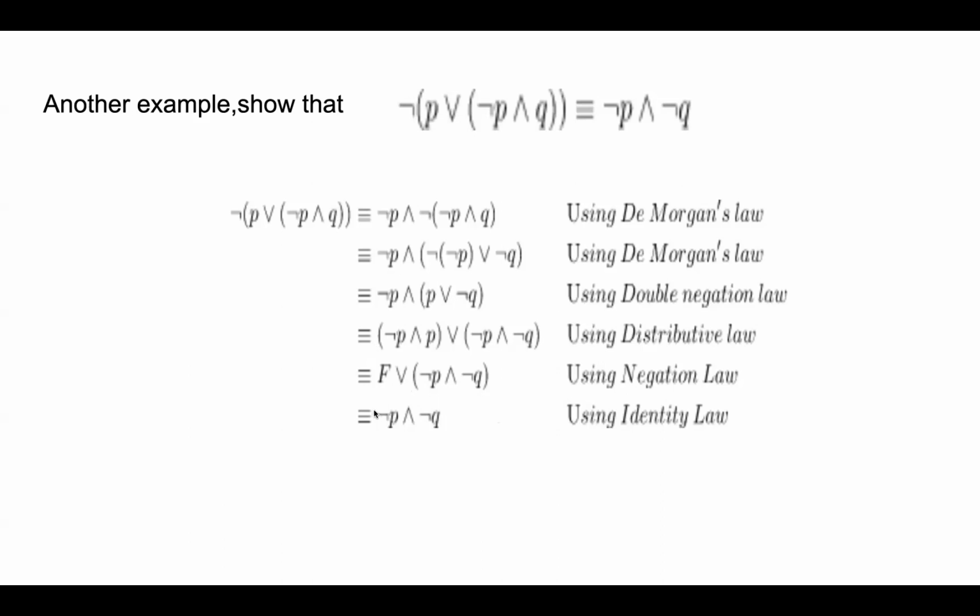So it is equivalent to, we can write it like, negation P and negation Q. So we proved with the help of already established laws like De Morgan's law, distributive law, negation law, double negation law, that this given negation of P or negation P and Q is equal to negation P and negation Q. Okay.